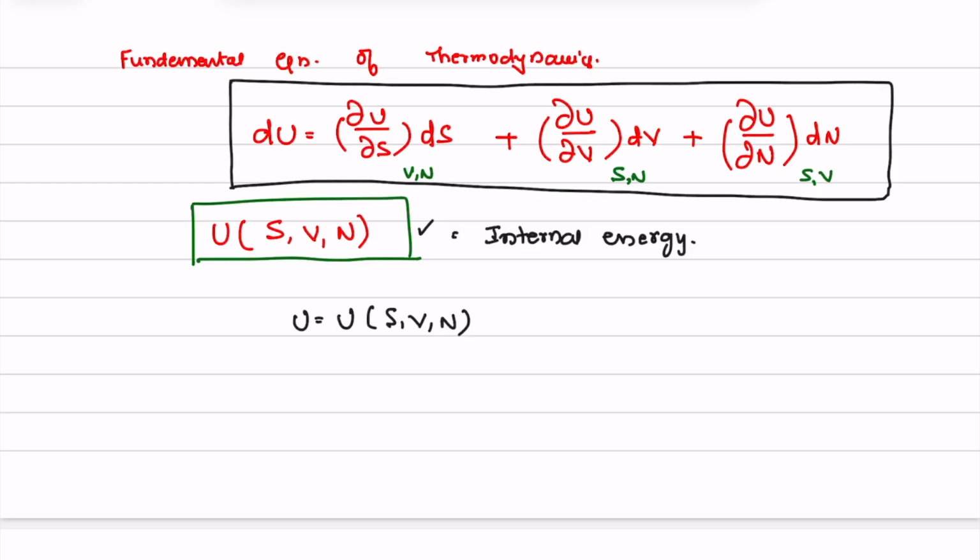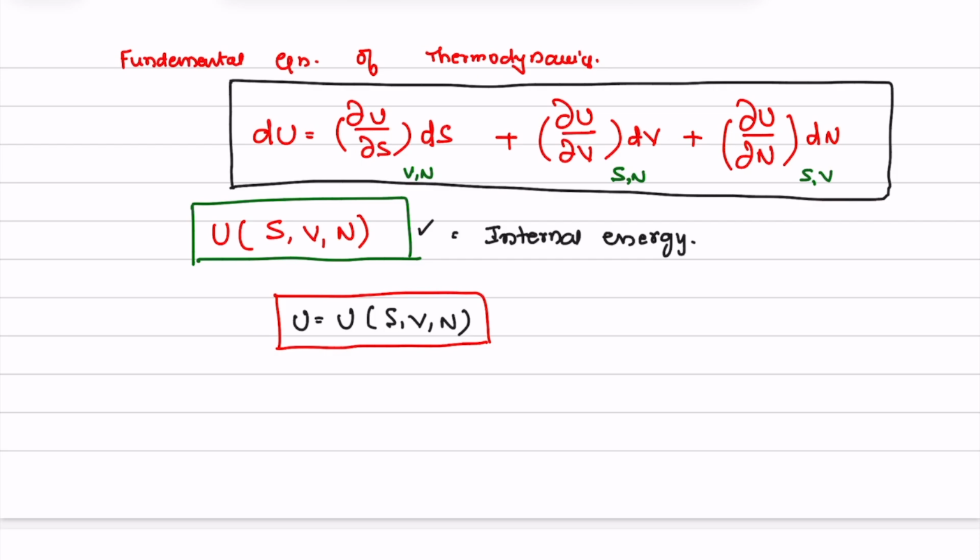This is also a very important thing which you have to remember. Now in this, S, V, N are independent variables because they are variables.